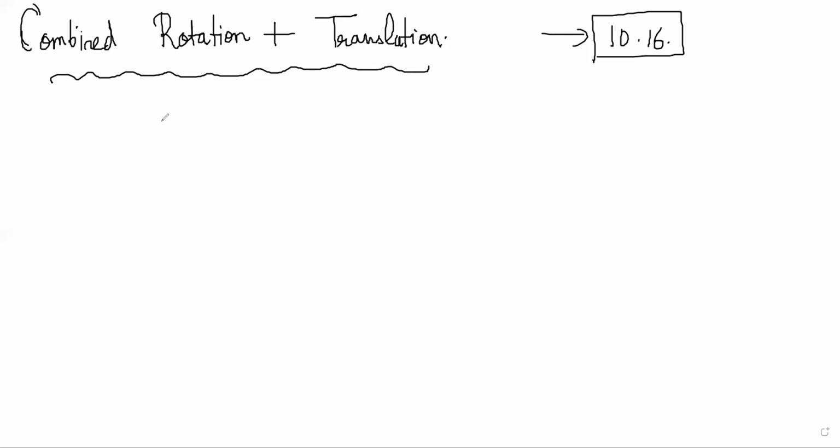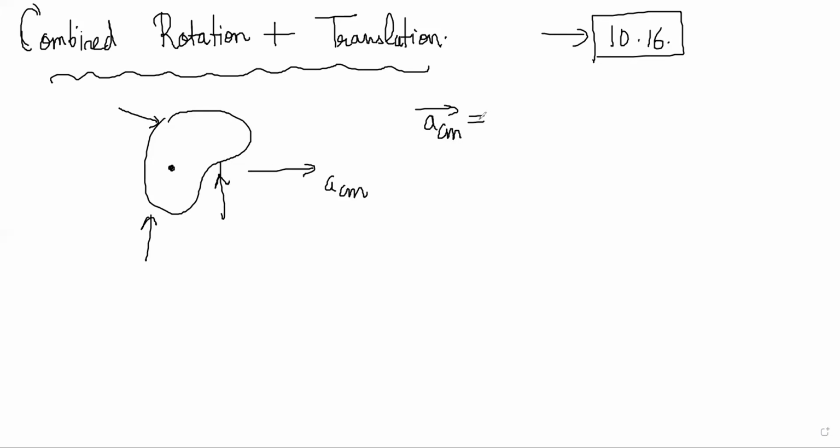If you have an arbitrary body doing multiple kinds of motion, it has a center of mass, which could be moving with an acceleration. All the physics you learned earlier is still valid, and you can write the acceleration of the center of mass as the sum of external forces divided by the total mass.